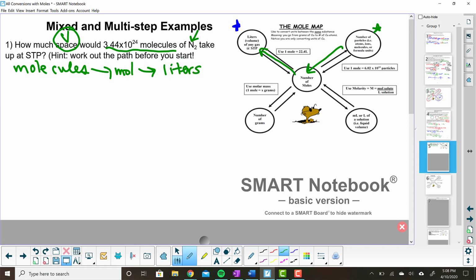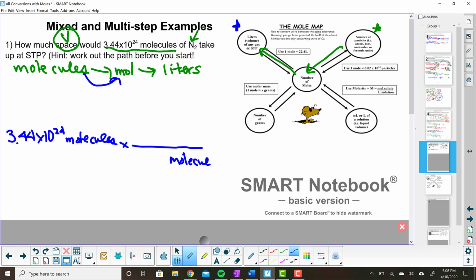That's my plan. So when I go to set up this conversion, 3.44 times 10 to the 24 molecules. And the first thing I'm going to do is convert that molecules to moles. So when I set up that conversion, molecules is going to go on the bottom, moles is going to go on the top, okay?